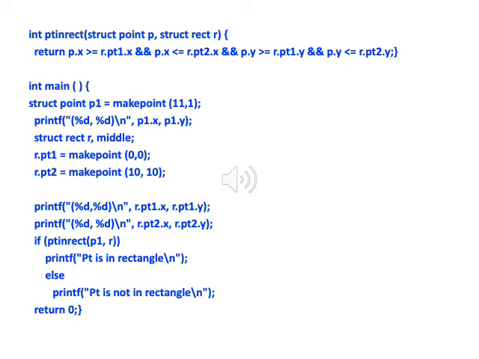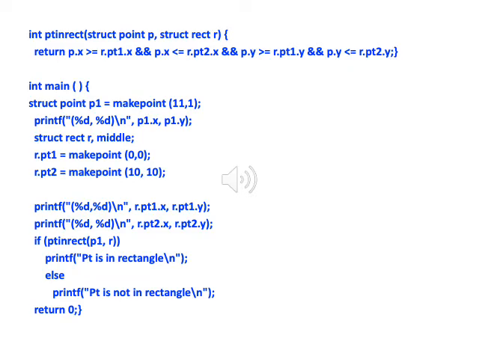A similar kind of check will be done with the y components. We have to check that the y component of p is within the bounds of the y components of point 1 and point 2 for the rectangle R. If both are true, then this function is going to return a value of true, which most likely will be 1, and if it is false, then it will return a value of 0.